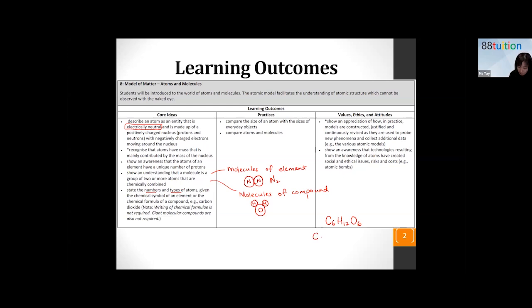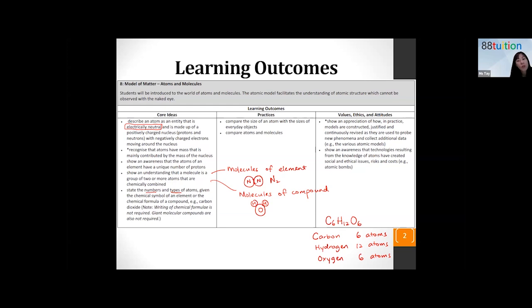We have carbon, hydrogen, and oxygen. Then how many of each are present? There are actually 6 atoms of carbon, 12 atoms of hydrogen, and 6 atoms of oxygen. Can you see that? All these exist in one molecule of this sugar. This formula stands for sugar, and this is just one molecule.